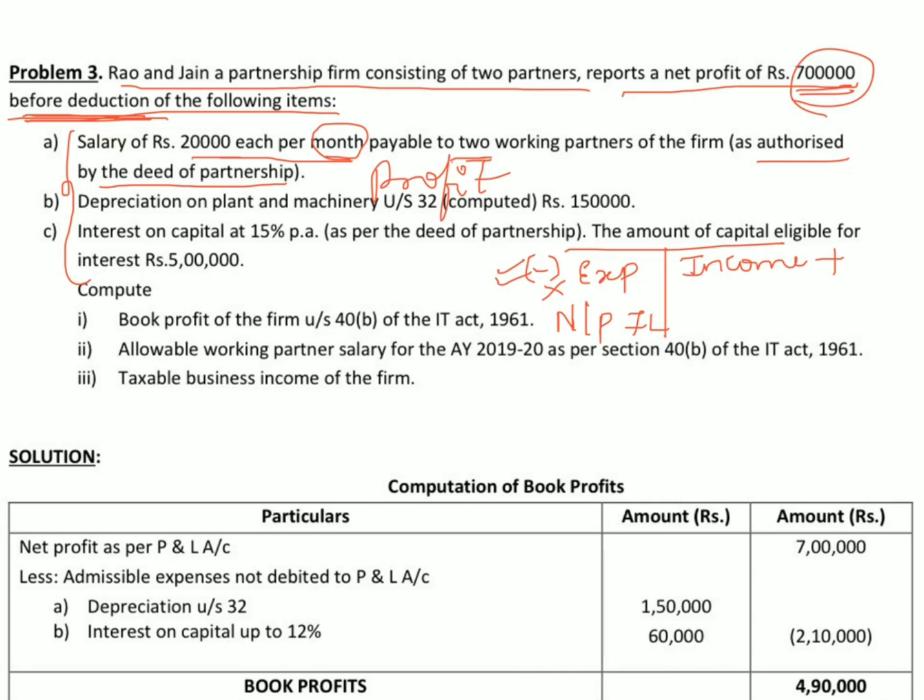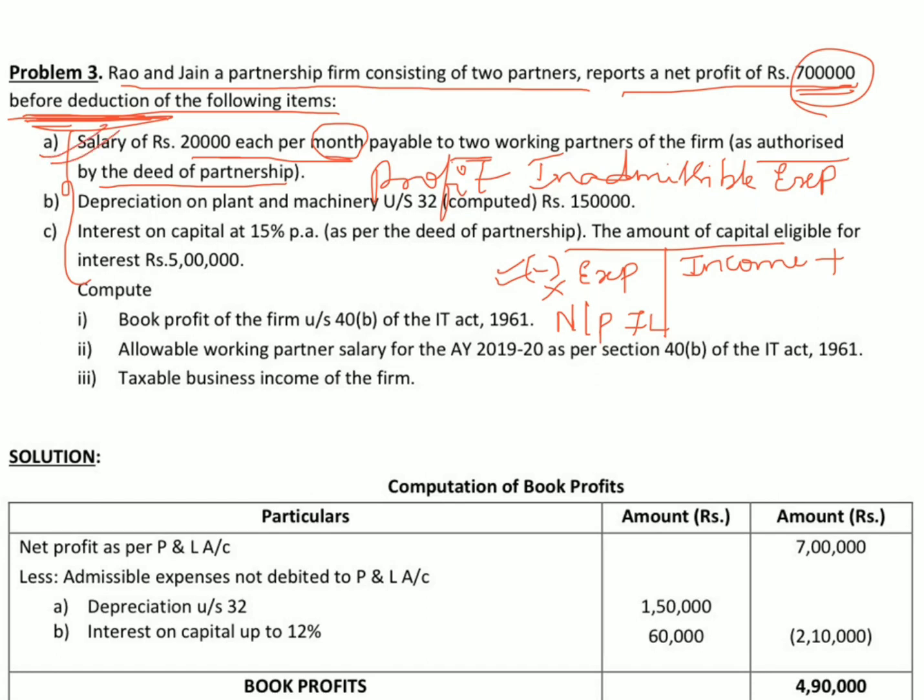Hence, these values are inadmissible expenses to the partnership firm. So, the items which are inadmissible are not deductible on the debit side of the profit and loss account. If they have not considered it, then we will ignore the values.